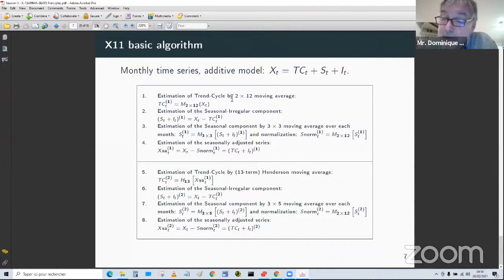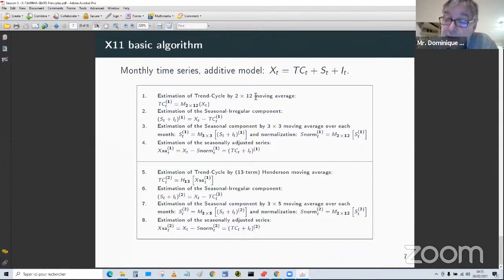If you remember this curious moving average of coefficients 1/8, 2/8, 2/8, 2/8, 1/8, so a symmetric moving average on 5 points, it conserves the straight line, locally straight lines.